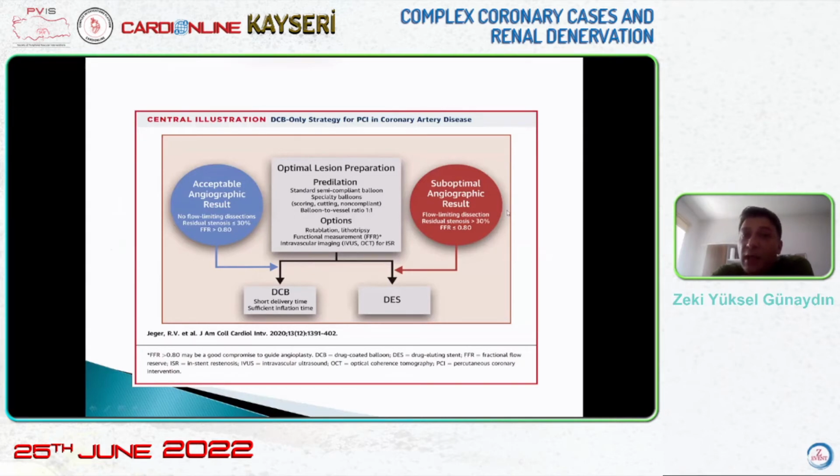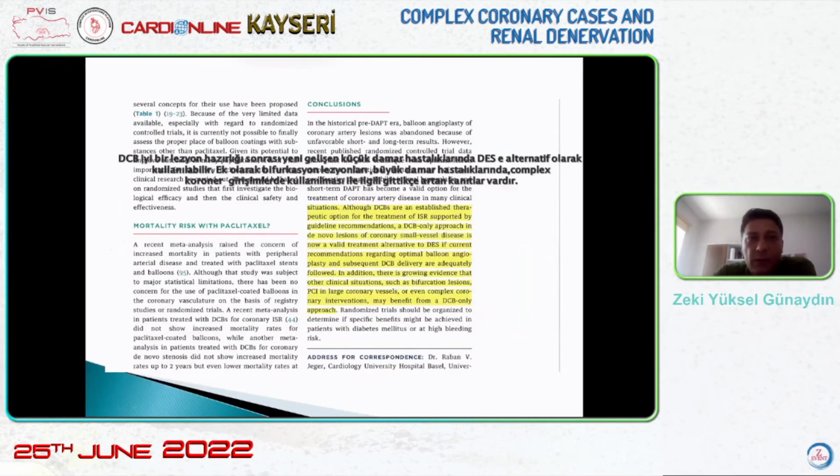But if there is a suboptimal angiographic result, a flow-limiting dissection, residual stenosis is more than 30% and FFR is below 0.80, then the drug-coated balloon is not recommended.